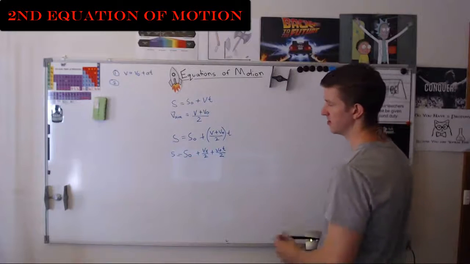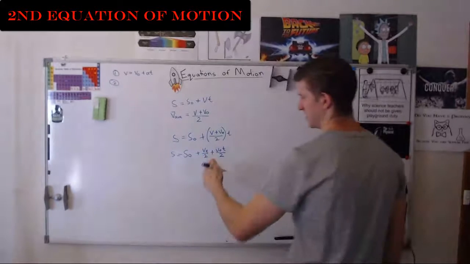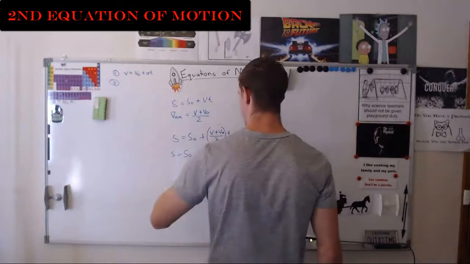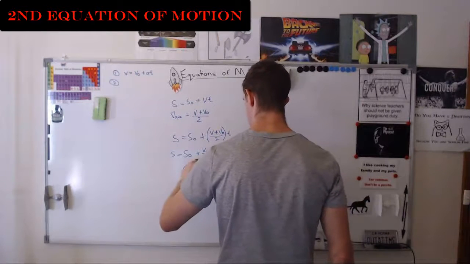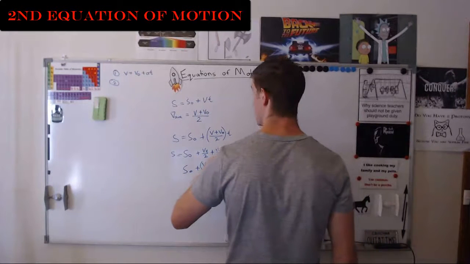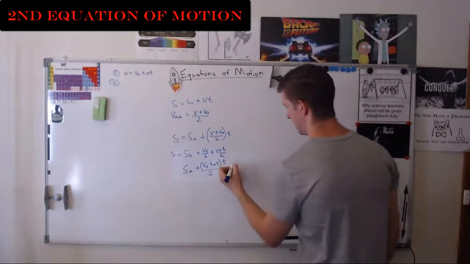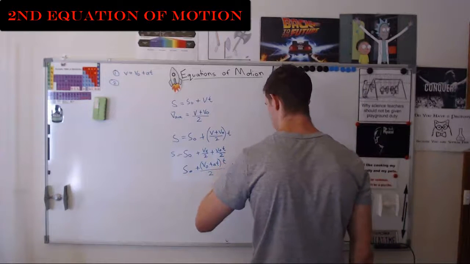From the first equation, we just said that velocity is equal to V naught plus AT. So if I substitute that in, I get my S naught plus this piece, which is the V naught plus AT. That is going to be times by T, and it's going to be divided by 2. And I just get my plain old V naught T over 2 back here.